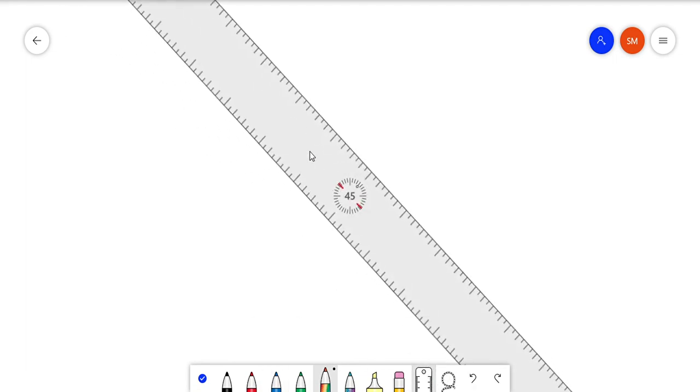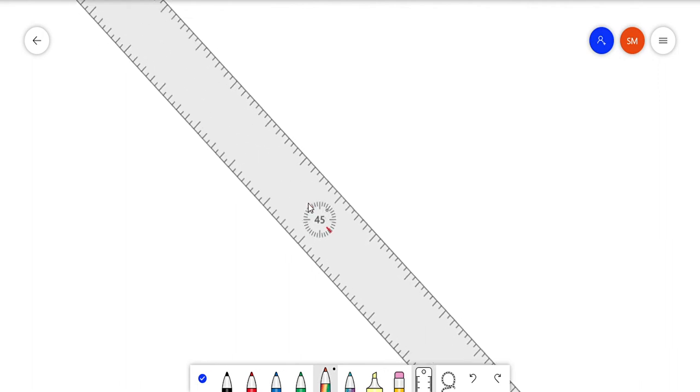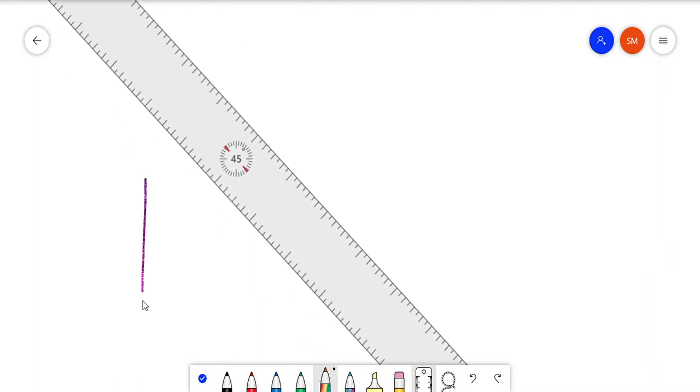For the number line, I need to drag out the ruler. Let me turn this 90 degrees. Okay, never mind, I can do a turn like this. Okay, I'll make a number line.